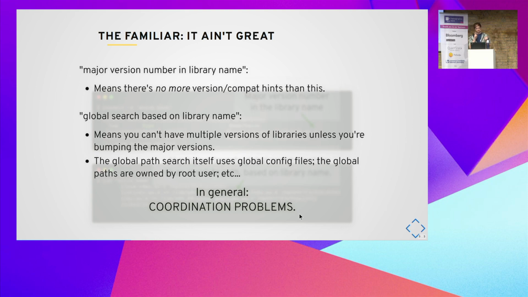Because we have the major version number in the library name, well, that's not bad per se, but it's all that we have. That's the only information that we have to go on. And when you combine this with a global library search path, this de facto means you cannot have multiple versions of libraries on your system unless you're bumping whole major versions. That produces whole discussions with large groups of people, and it means you have coordination problems.